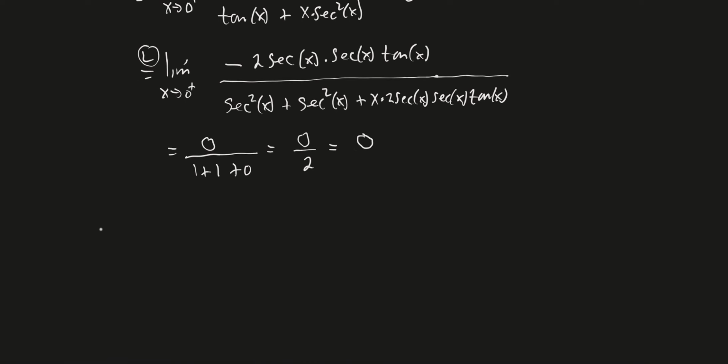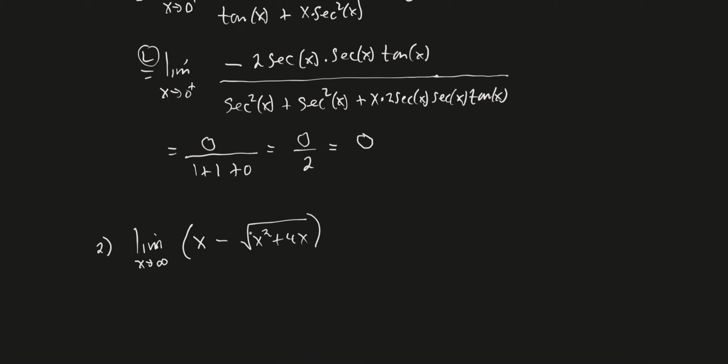Let's try another one of this form. So let's take the limit as x approaches infinity now. The function is x minus the square root of x squared plus 4x.